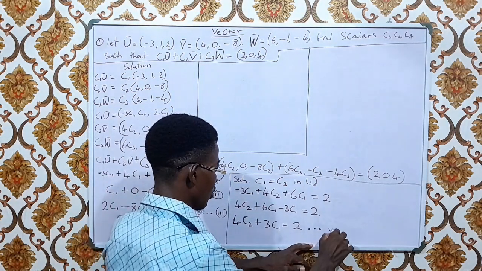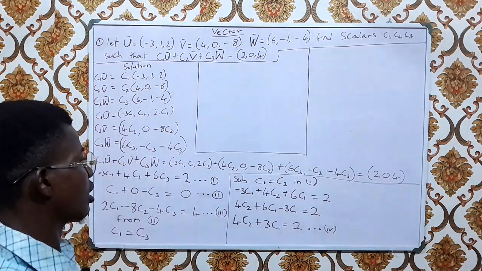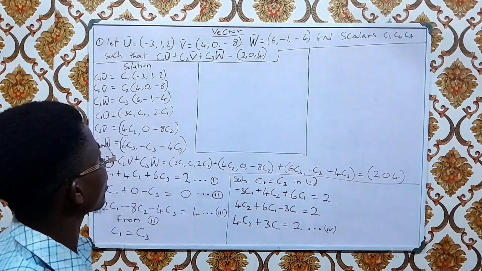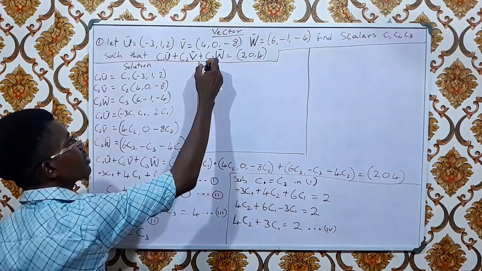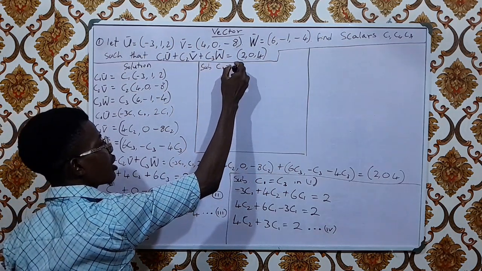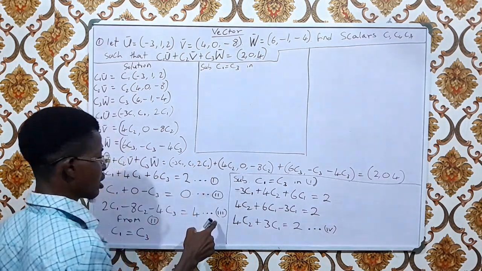Let's call this equation 4. Now let me solve another one here. We now say solve C1 again equals to C3 and 3.